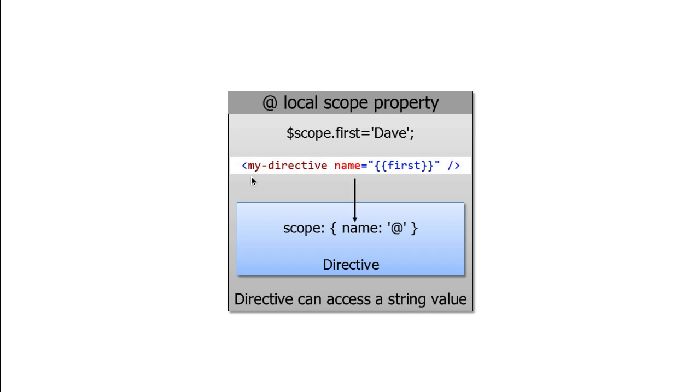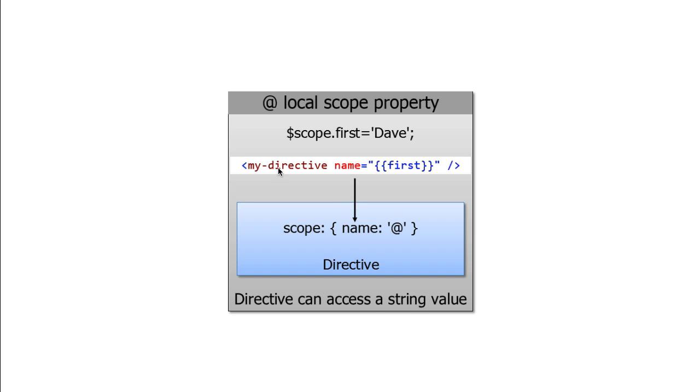If we had a directive called my directive, and we want to get this Dave value across the wall, then we can take the name of our local scope property on the directive, which is name, and just think of anything that's in these squiggly brackets as literally being a property of the directive.